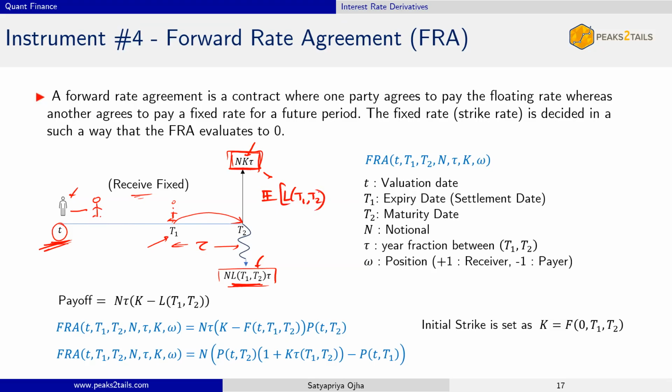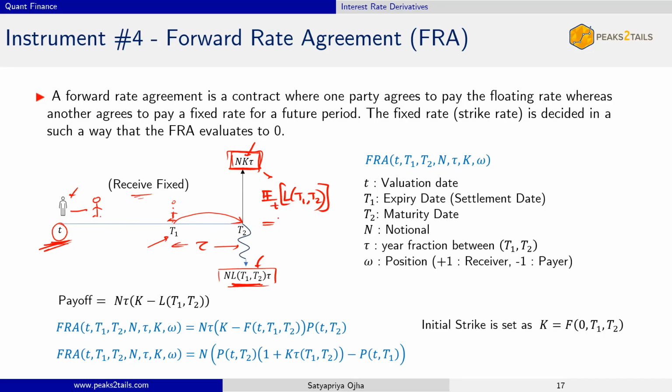Now, we are getting into hardcore quant finance. Let's not do that. Standing at time small t, you have an expectation of the future floating rate or spot rate. And that expectation is nothing but, who can tell me? Any intelligent guess? You have an expectation of this random floating rate that will prevail from T1 to T2.